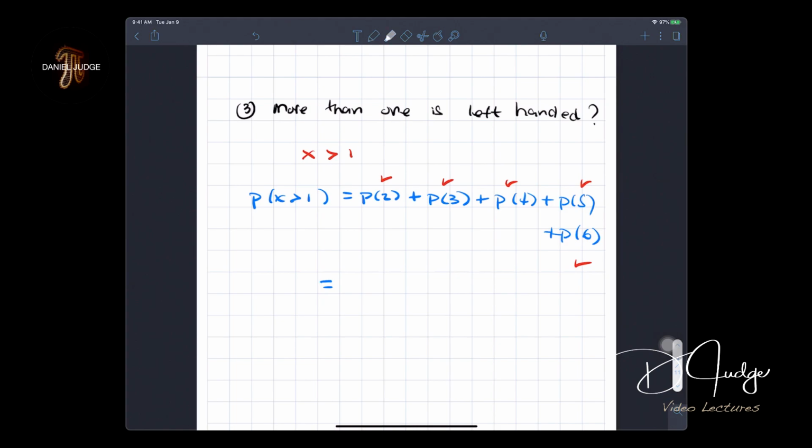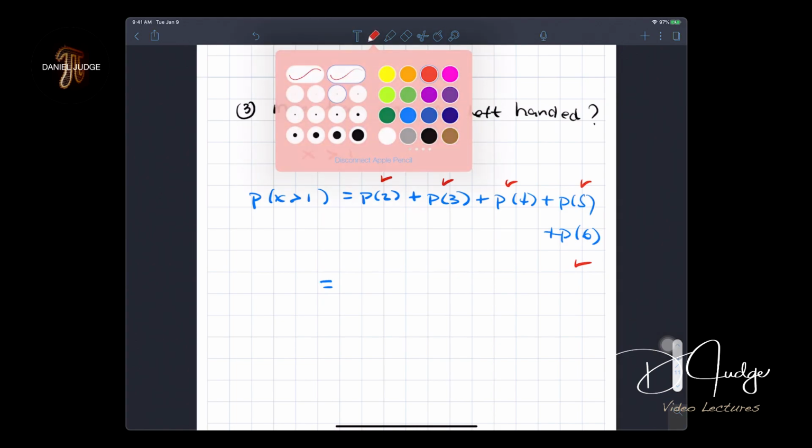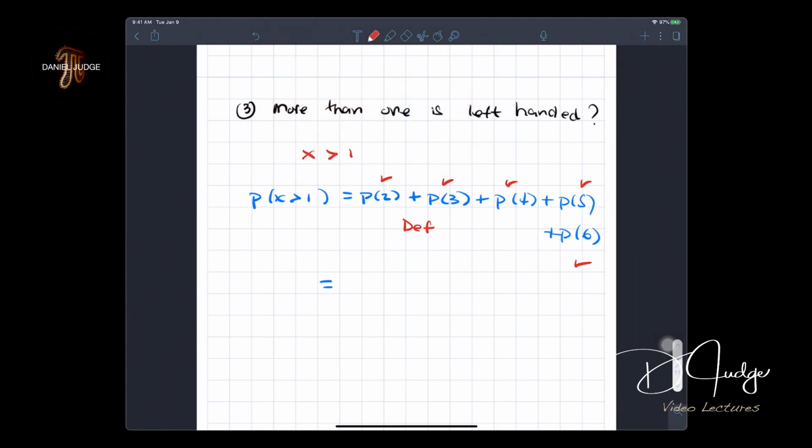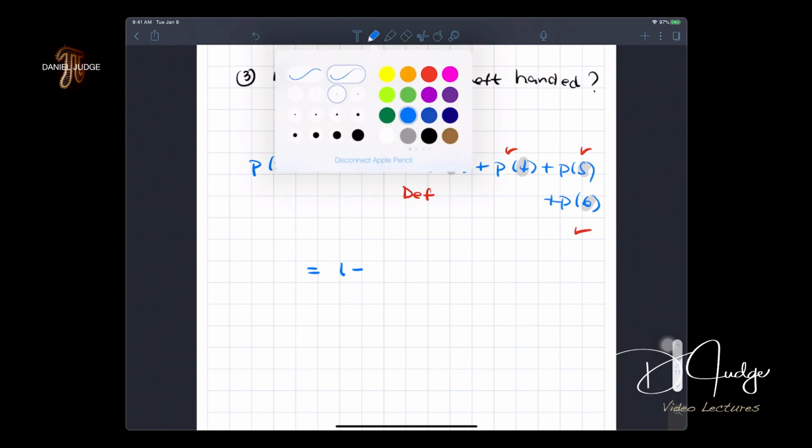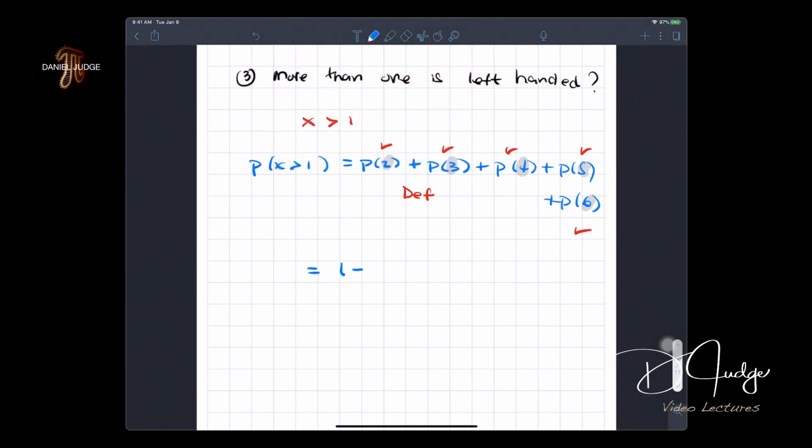So if you're awake, this is by definition. I would say to you, don't use the definition. Use the complement rule. By complement, 1 minus. Remember, the complement is always the outcomes that are not in the definition. Which outcomes are not in the definition?